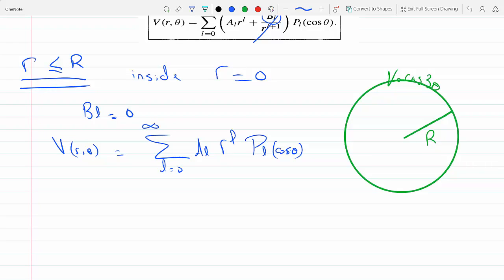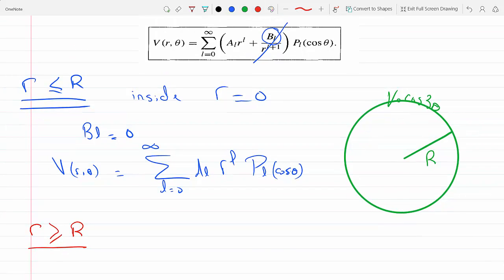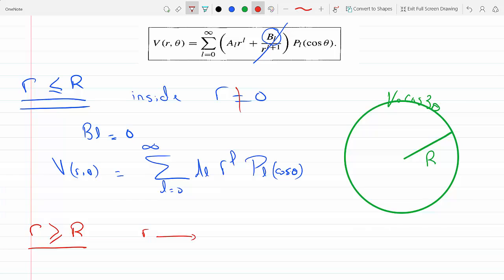Now, this is inside the sphere. What about outside? What's going to happen? Outside the sphere, you don't want r to go to infinity.